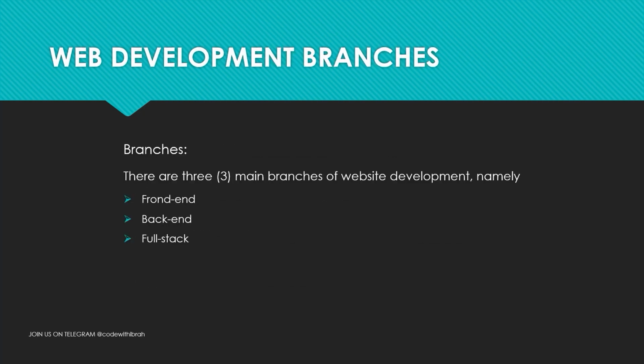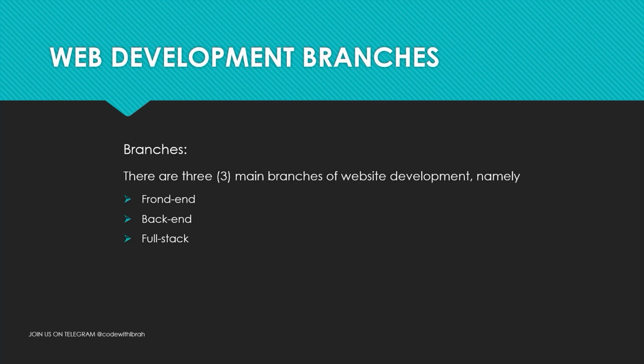We also have some branches in web development. At least most of us are beginners, so it makes sense for us to talk about this. There are three main branches of website development, and they are front end, back end, and full stack. With the front end, just as the name implies, so I think I made a mistake. It's supposed to be front end, not front.